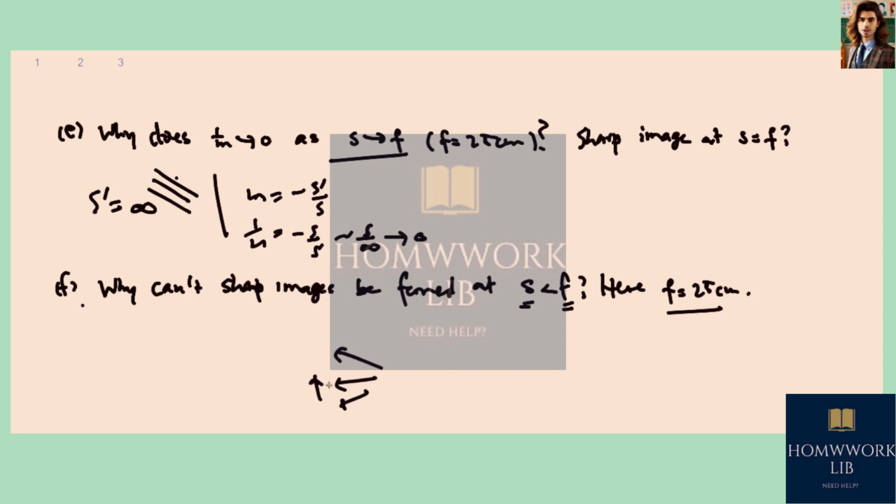When you're inside the focal length, your rays are going to diverge, and then you're going to have a virtual image that's behind the mirror, instead of the case when you're outside. Let's say your focal point is here, and your object is here. Then you will have some image down here that's real, like so.